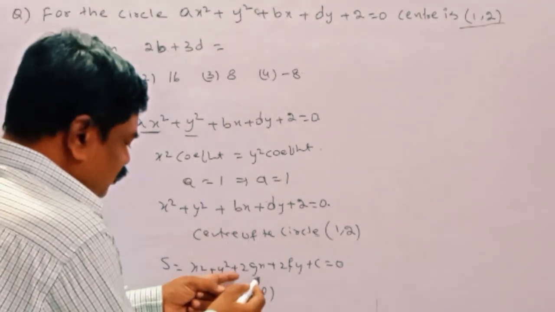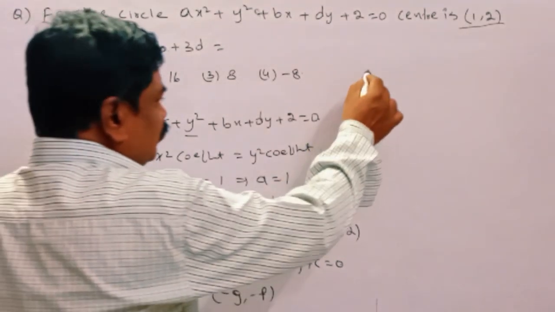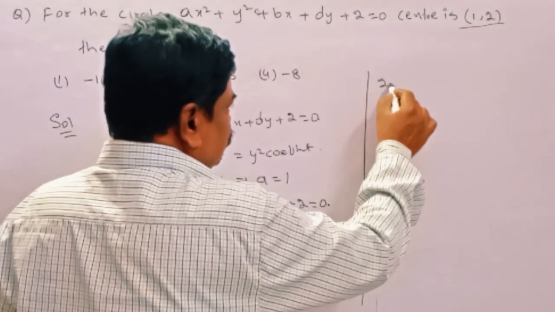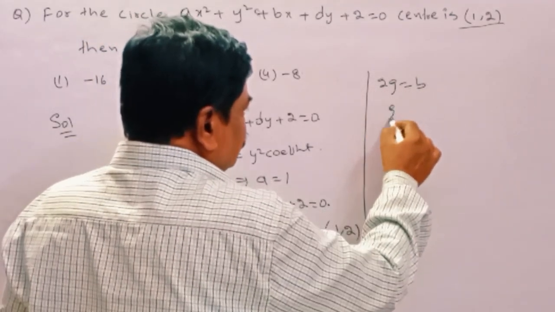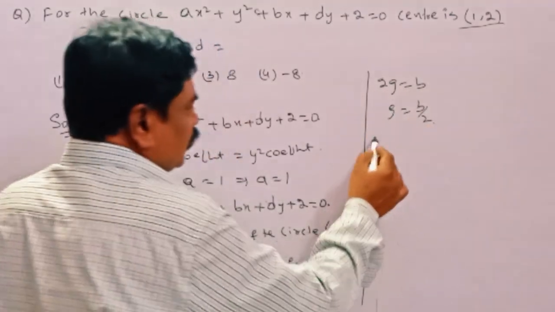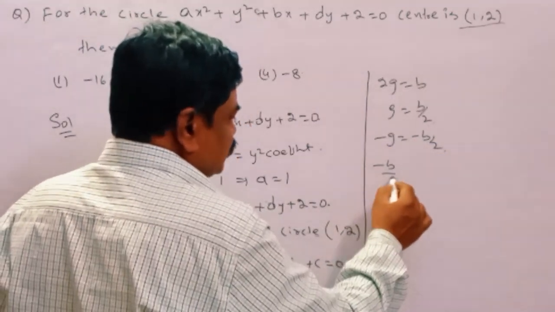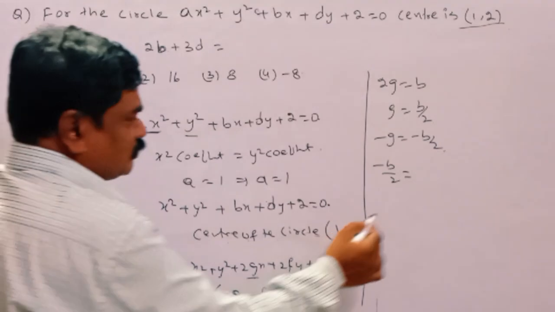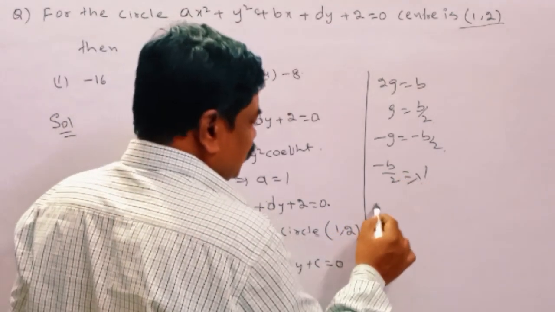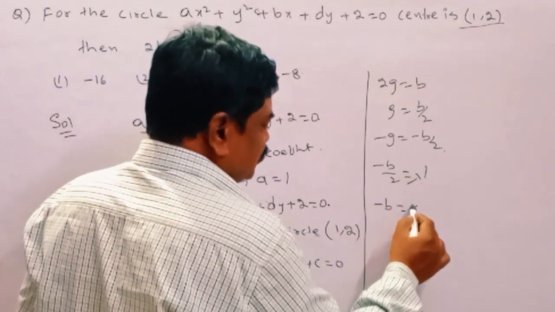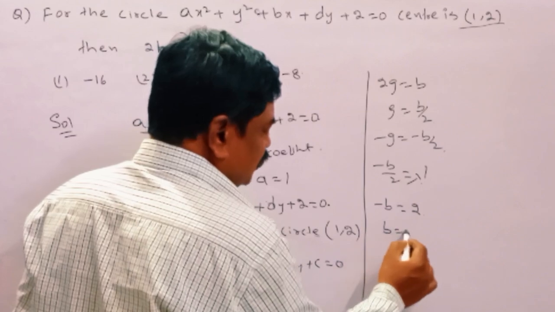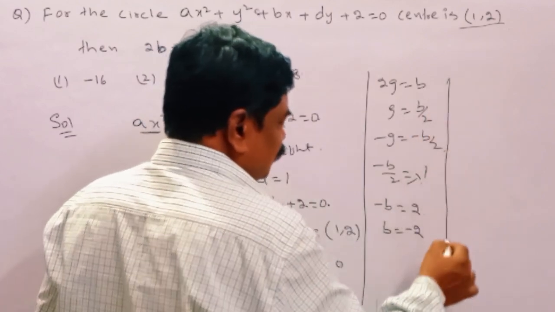So here 2g is equal to b, and g is equal to b by 2. Minus g is equal to minus b by 2. Minus b by 2 is equal to what?